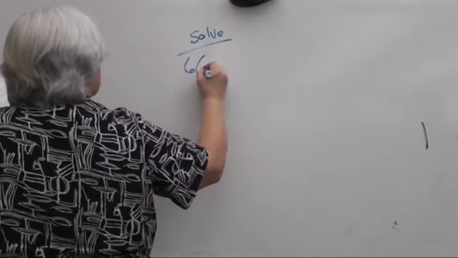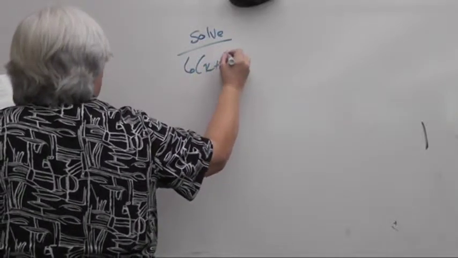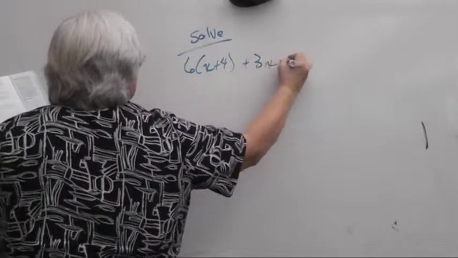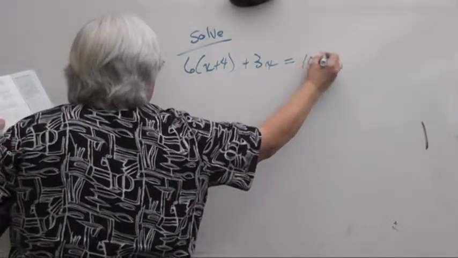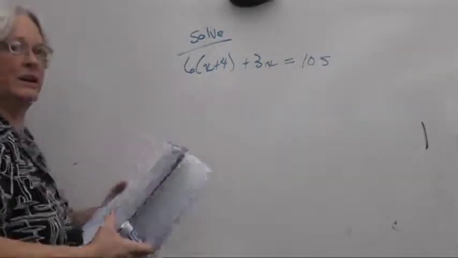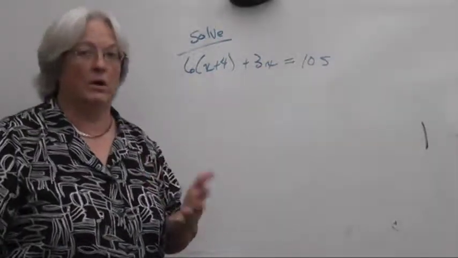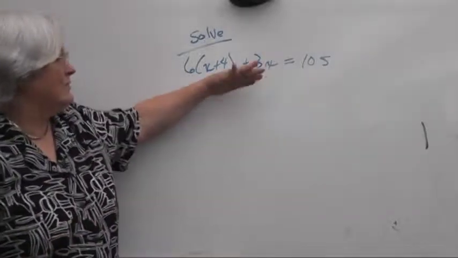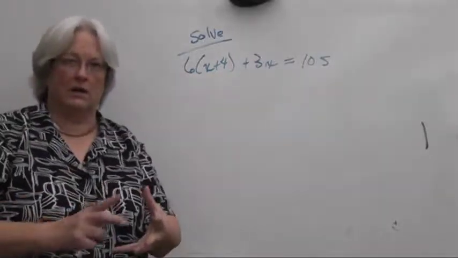Here we have 6 times the quantity x plus 4 plus 3x is equal to 105. Okay? Well, once again, we only care about what one value of x is. And we have a little bit of a mess here on the left-hand side.